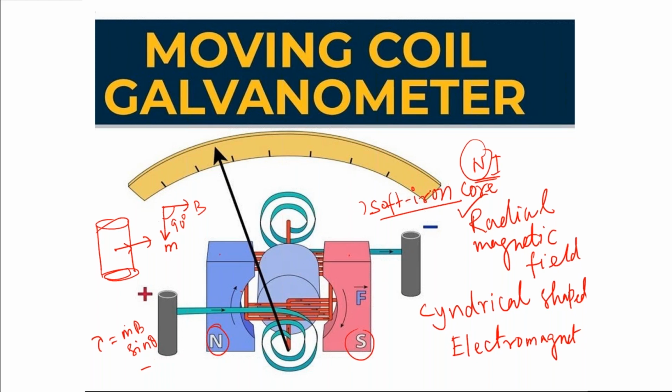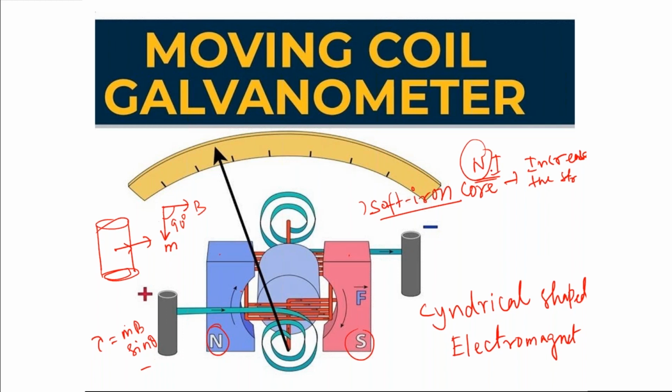Any iron core, whenever you keep it inside a current carrying loop, will increase the strength of the magnetic field B. So these are two roles.